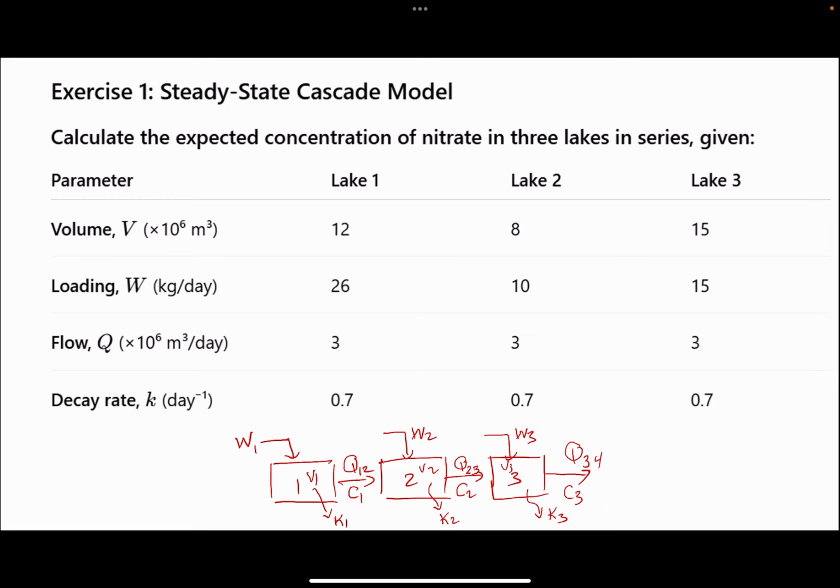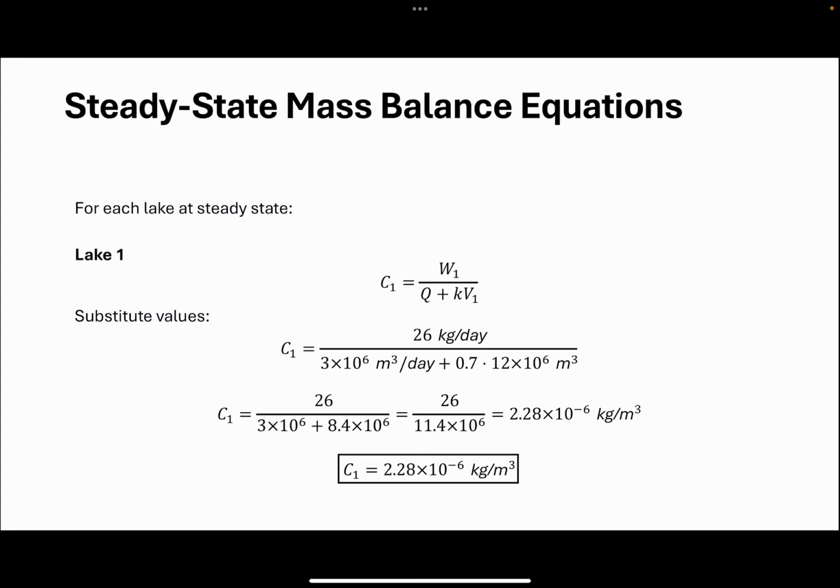Let's start right now doing the mass balance for lake number 1. When you do the mass balance, it's volume 1 dC over dt, the change of concentration in lake 1 with time, equal to the loading.